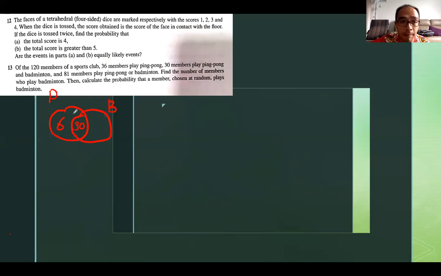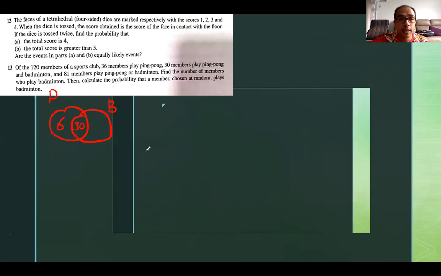So how many people are playing badminton? As in, including these 30 people. How many people are here altogether? If 81 members play ping pong or badminton, then apart from these 30 people, 6 plus the badminton ones is 81 members.